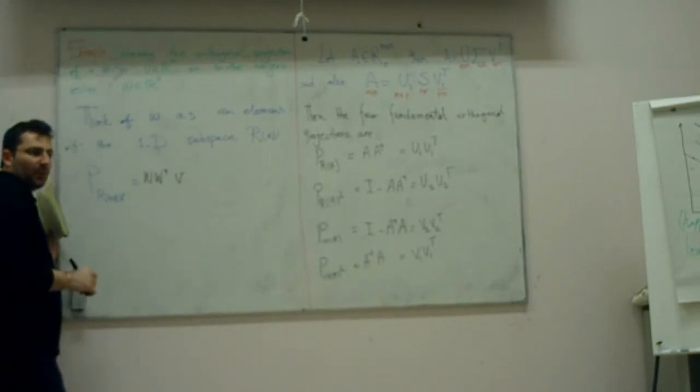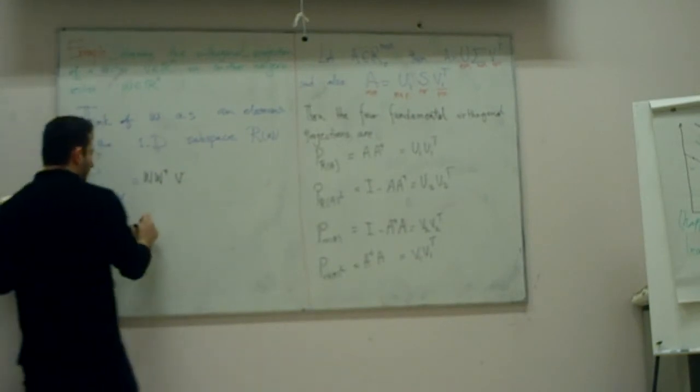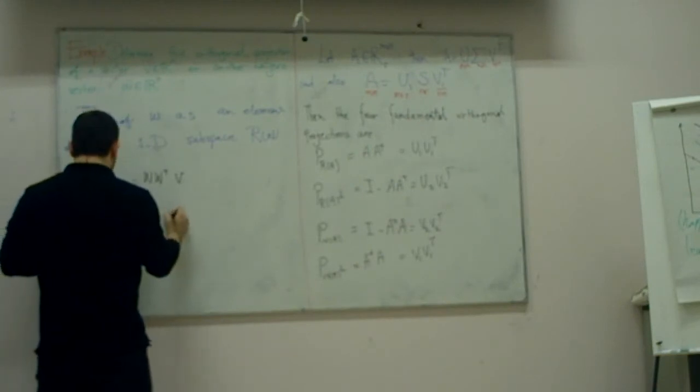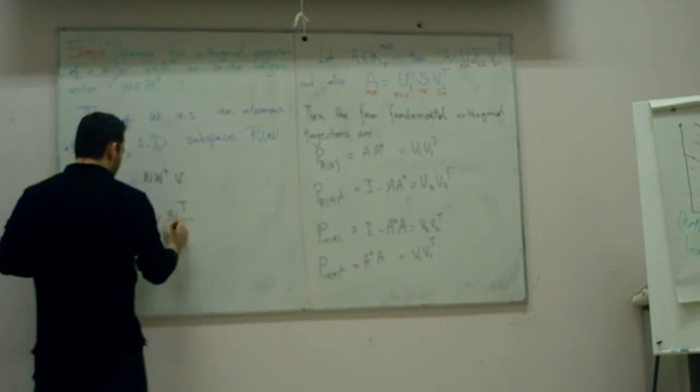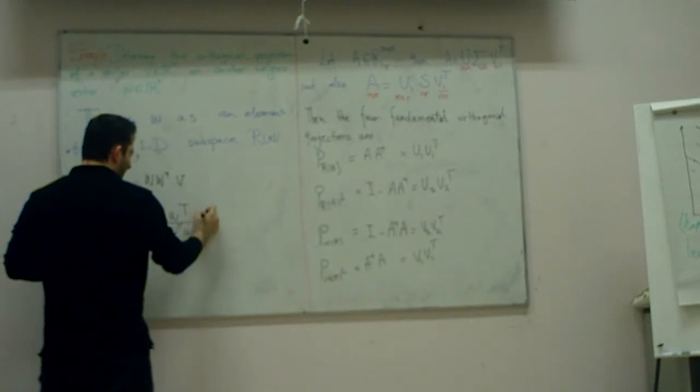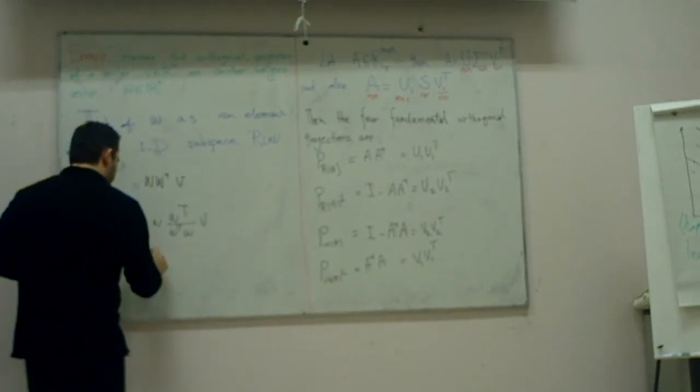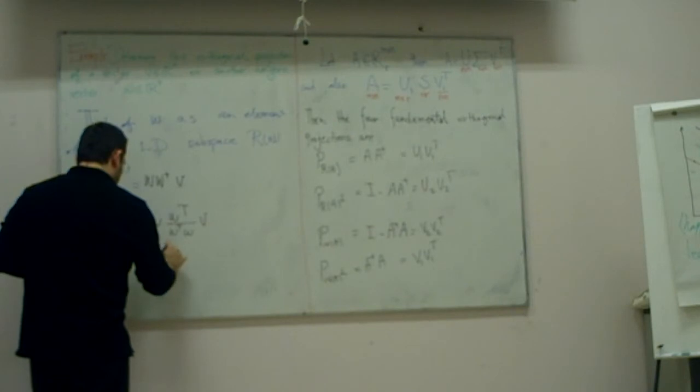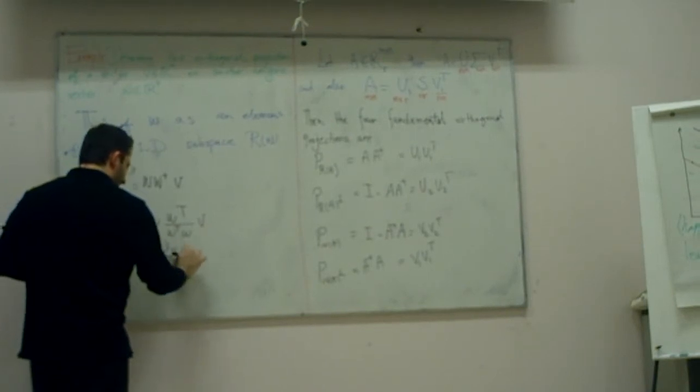We had it in our book. For a vector, it's defined as W transpose divided by W transpose multiplied by W. So we can write that W transpose V divided by W transpose W multiplied by W.